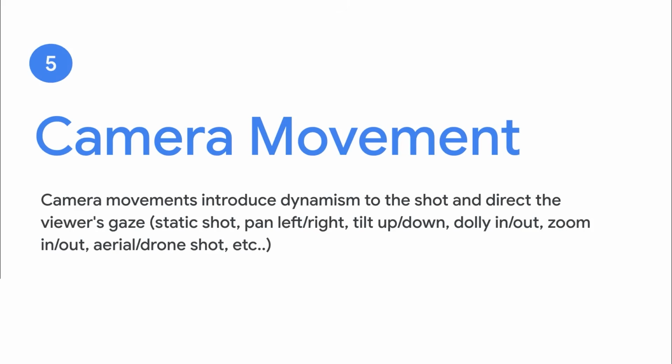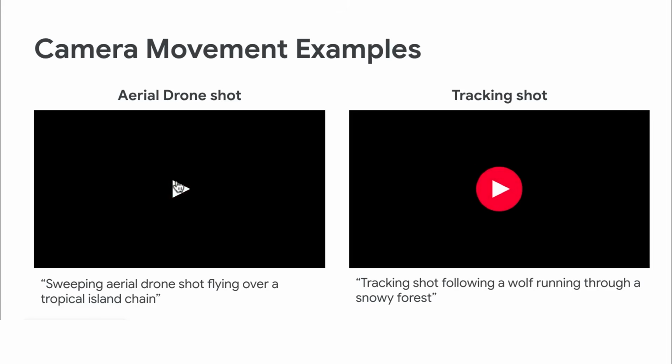And this one's also big. Camera movement, if you want a dynamic level to the camera angle that you're looking for, maybe it's a pan from left to right, starting zoomed in and then getting more zoomed out. Anything like that, the more detail that you can add, the more accurate your videos are going to be to the vision. So here we have a drone shot.